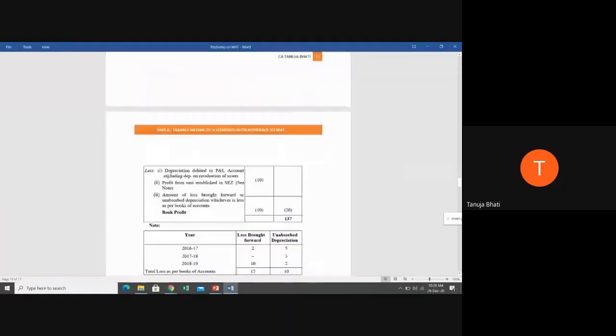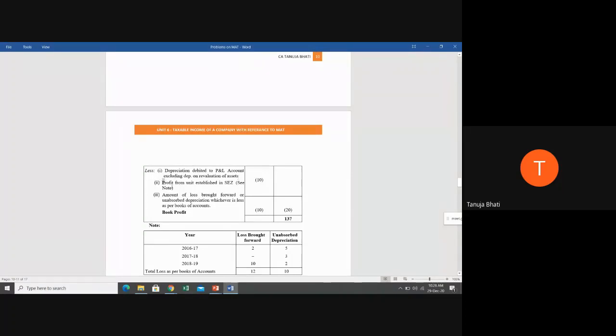Less, what are you going to do? Depreciation debited to P&L account, excluding depreciation on revaluation of asset, because when you are deducting, you just deduct the amount of normal depreciation without considering the depreciation on revaluation of asset.